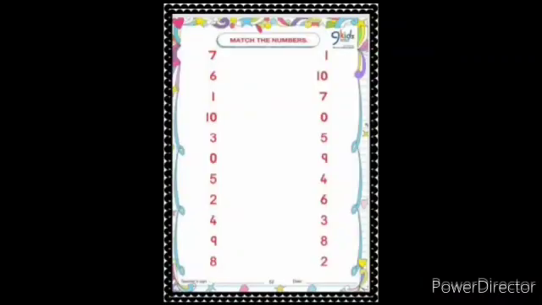In this worksheet, you have to see the numbers one by one and then match it with the same numbers, right? You can do this practice worksheet in your maths class workbook, page number 52.